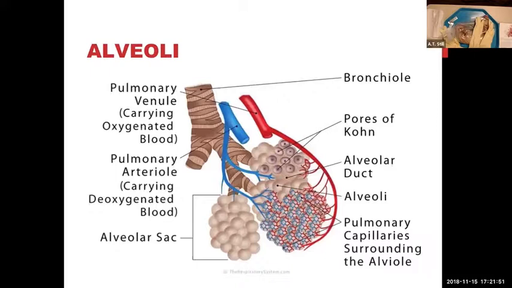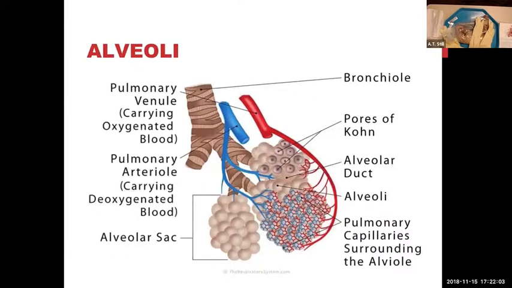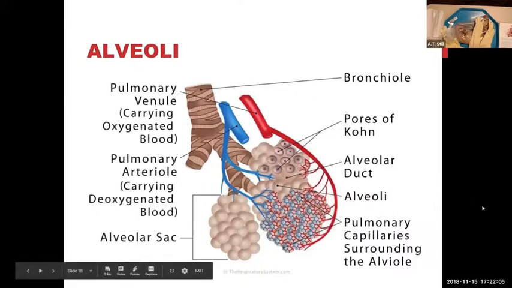So you can see all of these vessels that come all the way down and interface with these alveoli, and that's how the blood gets really close to the air that we breathe so that this gas exchange can happen.